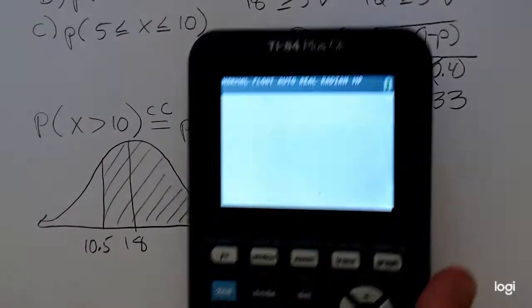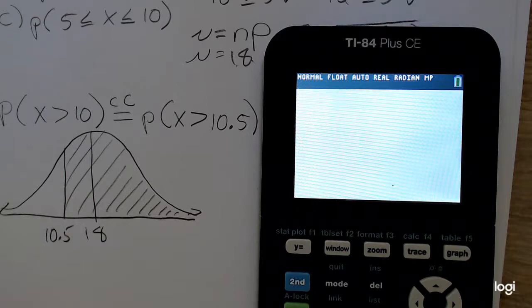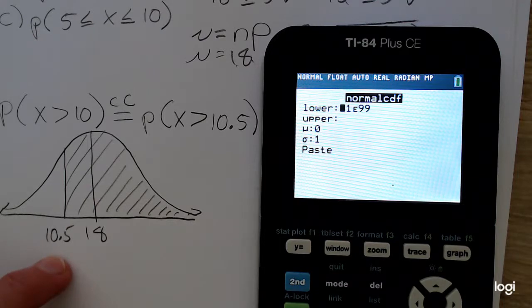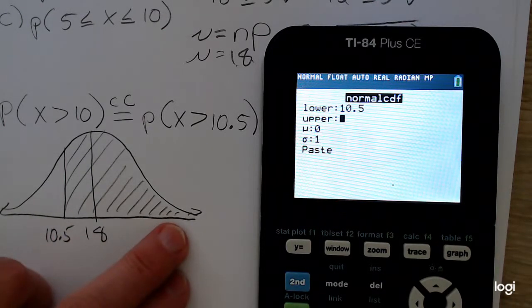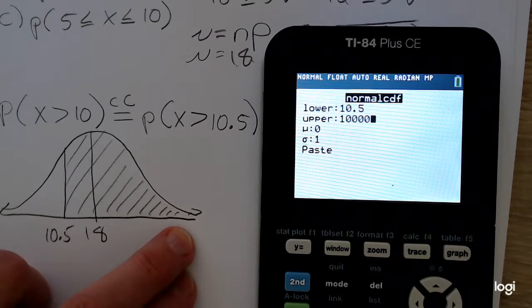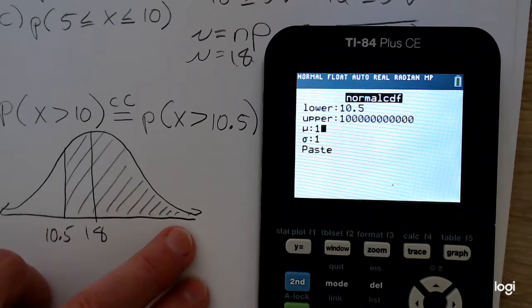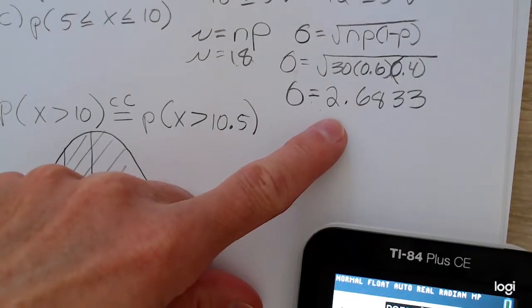Okay, so I'm going to go to my normal CDF, which is in the distribution menu. My lower bound is 10.5. My upper bound is an extremely large number, theoretically positive infinity, but just put a 1 with a bunch of zeros. I need to change my mean to 18, and I could put in 2.6833.